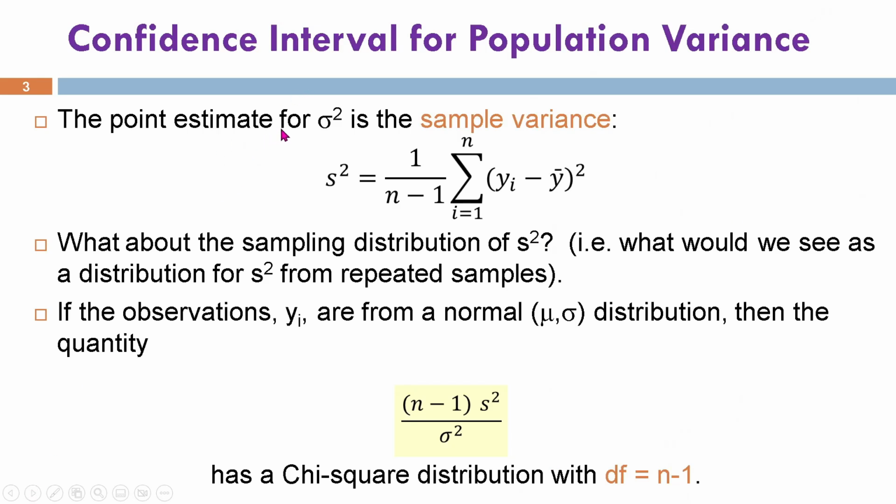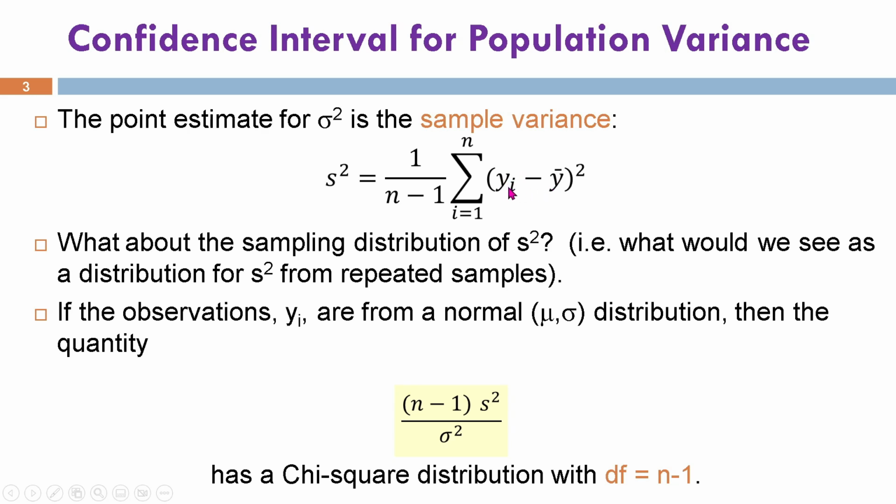The point estimate for the variance is the sample variance. The sample variance estimates the population variance. The symbol is S squared. If we got our data y, from 1 up to n, let's say you got 100 data, each y, you can find their average, which is the bar y here.